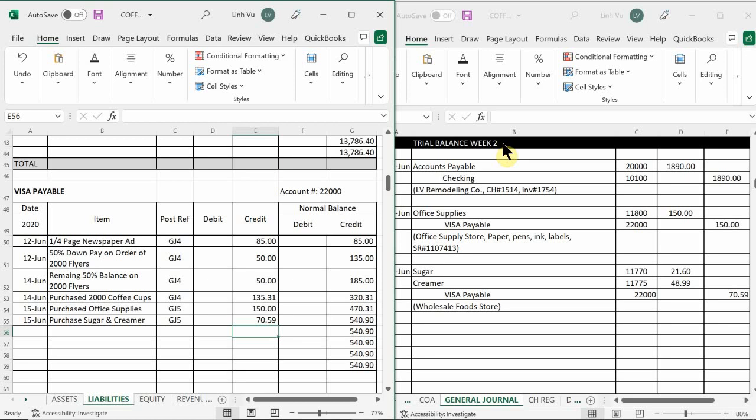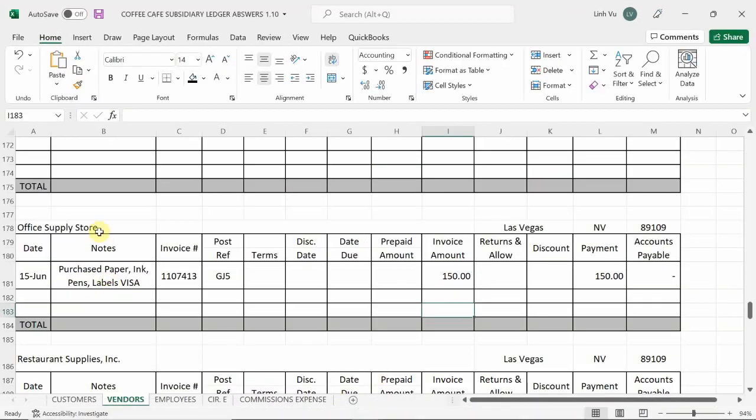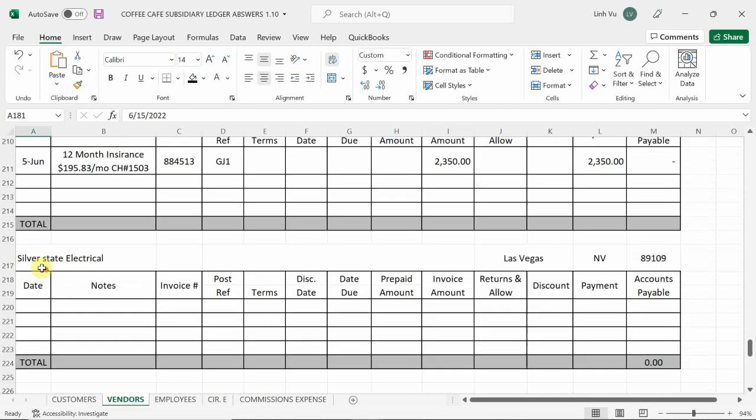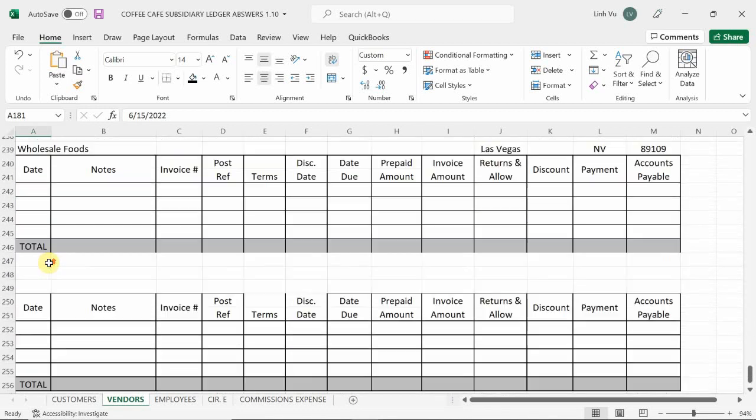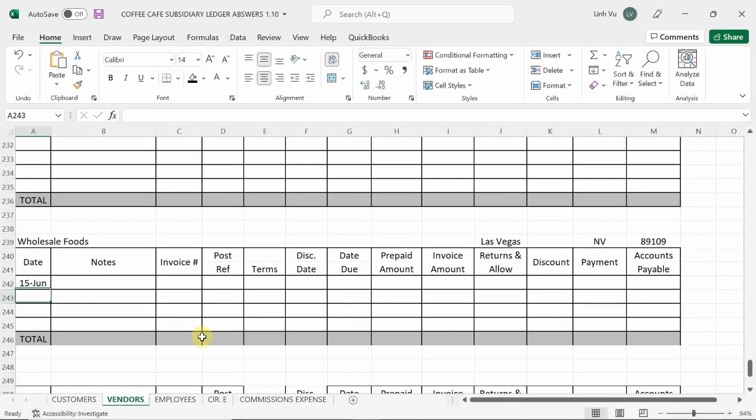Now that I finished my journal, when I finish my posting to the ledger, what comes next? Subsidiary ledger. Okay. I bought from wholesale food store. Here we are. Anything you want to put in the notes?